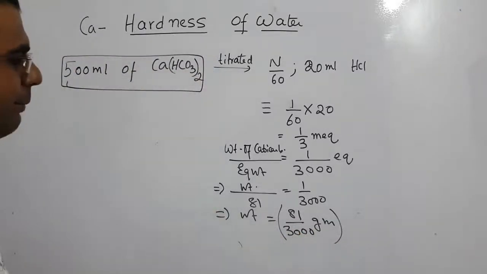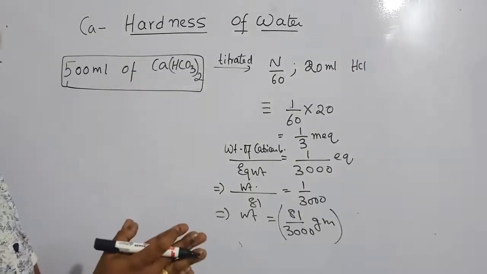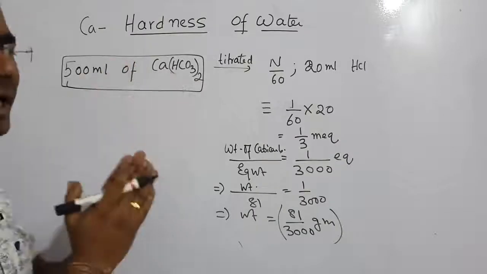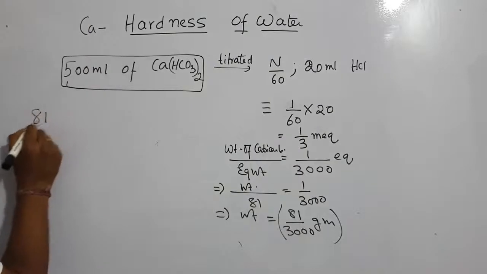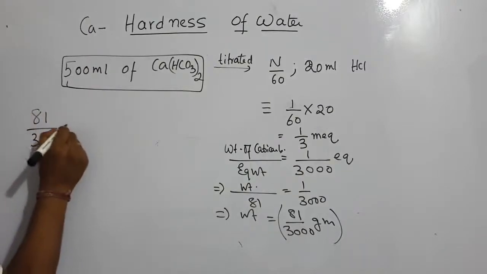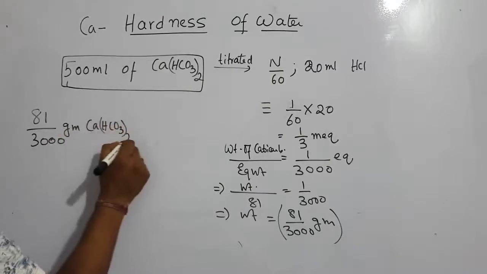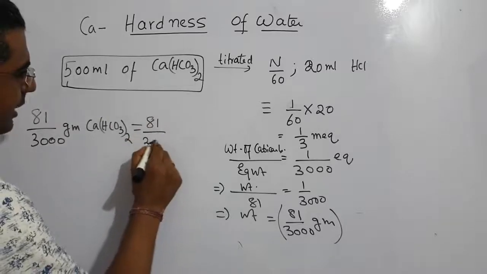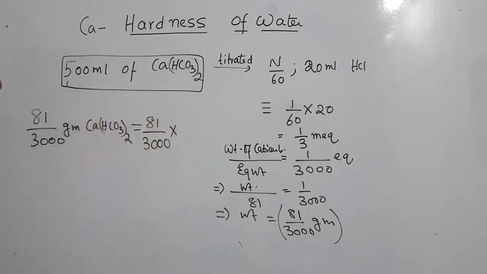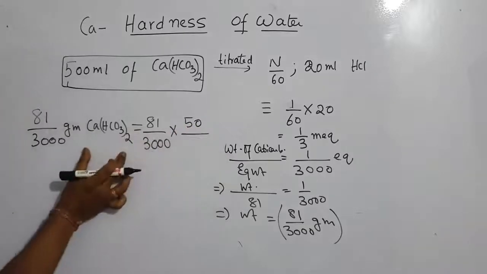So I know the weight of bicarbonate at this moment, but for calculating hardness I don't need the weight of bicarbonate, I need the weight of calcium carbonate. So this is 81 divided by 3000 gram calcium bicarbonate, which will be equal to 81/3000 into 50, remember, divided by the equivalent weight of the substance, so that is again 81.